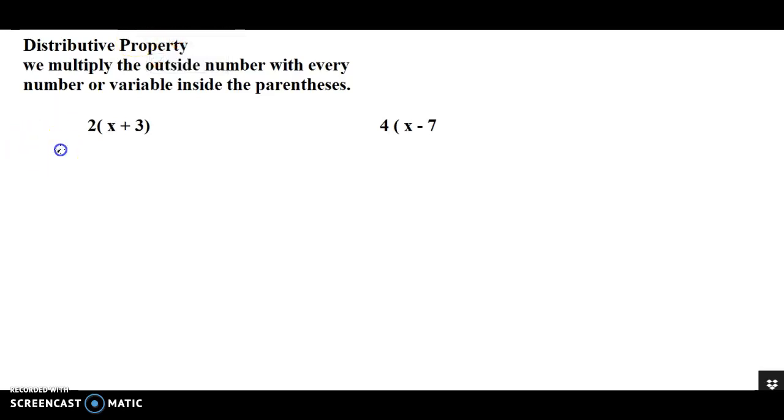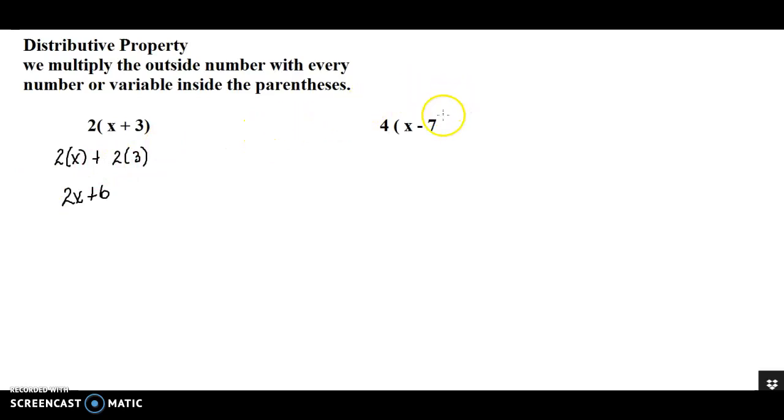In this problem, it's telling me to multiply the 2 times the x, and to take the 2 and multiply it times the 3. So when I do that, I get 2x plus 6, and I've performed the distributive property.